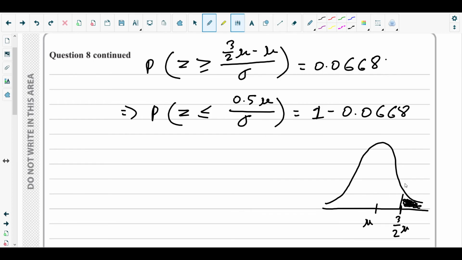So less than that area would be, the total area is 1, so 1 minus 0.0668. So we can write the probability of Z less than or equal to 0.5 mu over sigma is equal to 1 minus 0.0668, which is basically 0.9332.